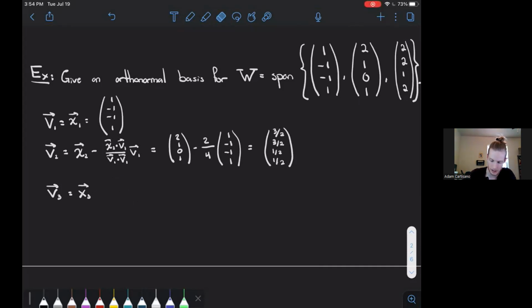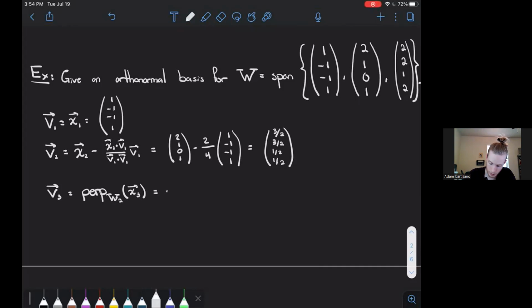Let me actually write this out, because unless you are very comfortable tracing through the definition of the component of x3 which is perpendicular to the subspace W2, let me write out all the definitions. So this v3 is none other than perp W2 of x3. No tricks in this one.